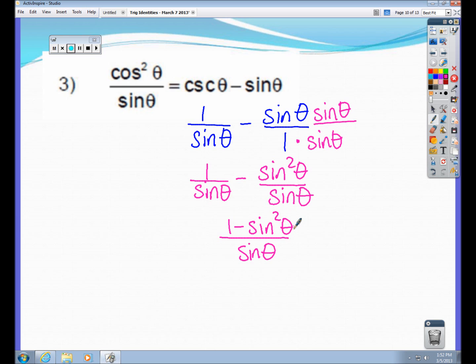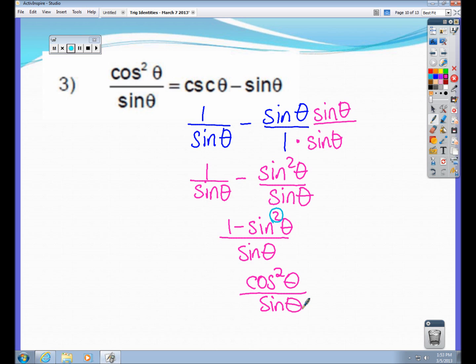Okay. Now, I'm trying to get cosine squared over sine. And again, clue in on the fact that your exponent is squared. Anytime you see something squared, there's probably a Pythagorean identity for that. So if you look at your alternate forms of the Pythagorean identities, it should say that 1 minus sine squared is equal to cosine squared.